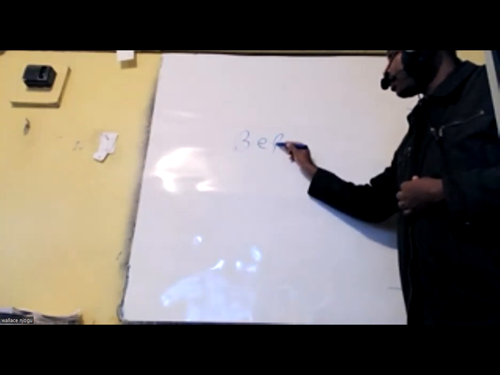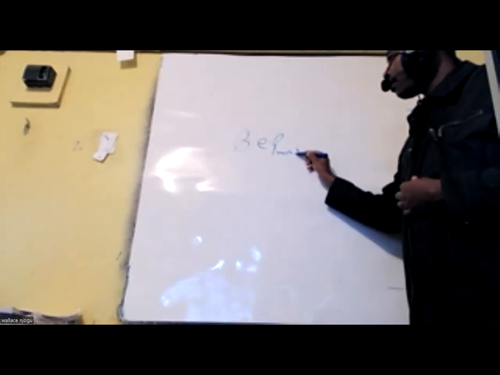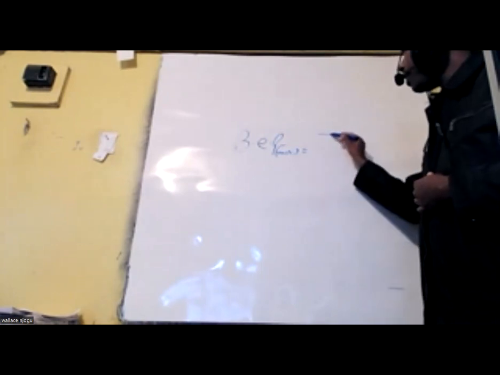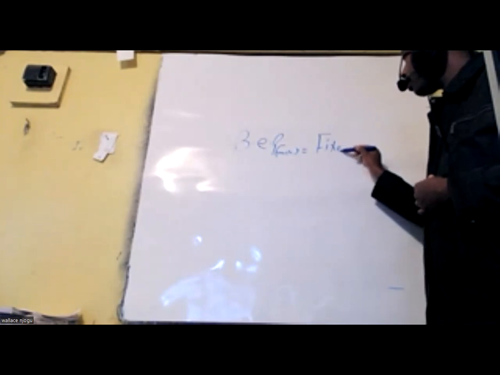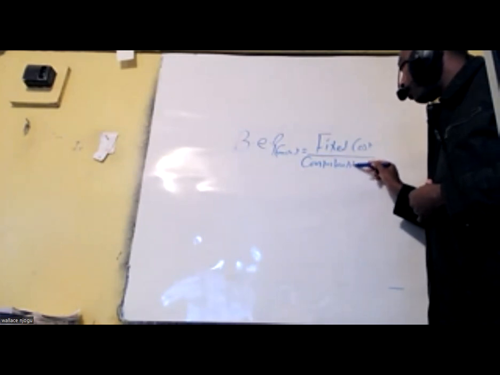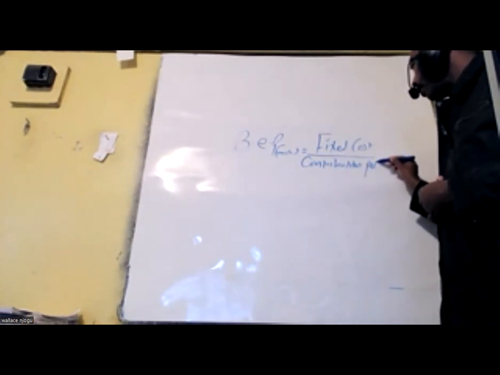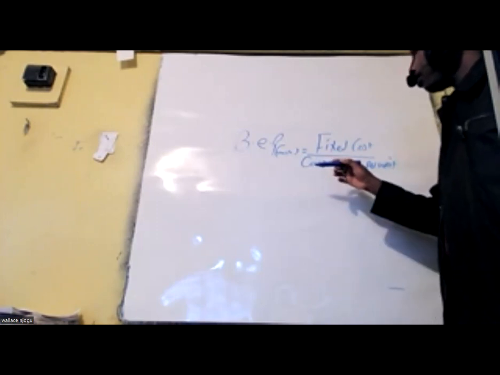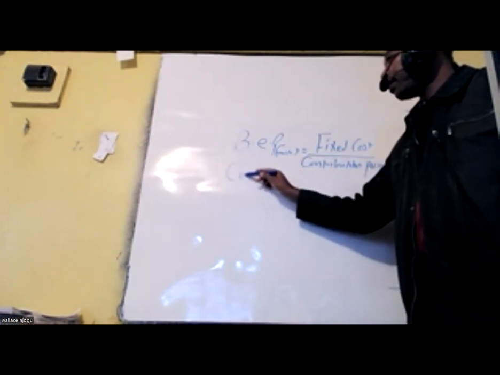Break-even point in units is given by fixed cost all over contribution per unit.